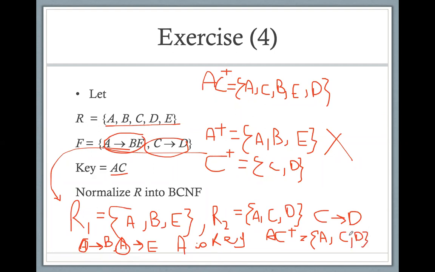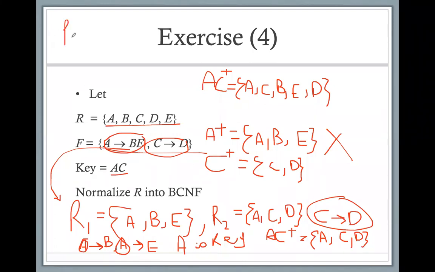So hence AC is the key. So this is a violation of BCNF, so I have to normalize this table further. Okay, so let's normalize this table further. I have R2 equal ACD, and I have a violation which is C determines D. I compute the closure of C, which is C and D.